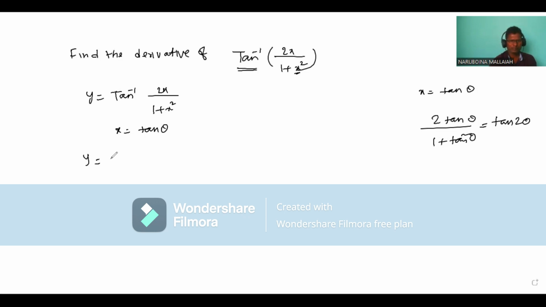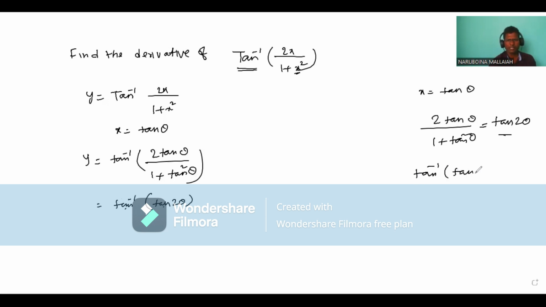So this y becomes tan inverse of 2 tan theta by 1 plus tan square theta. This is the formula for tan 2 theta, so I am writing tan 2 theta. Here tan inverse of tan theta is theta. You know this formula? Tan inverse of tan theta is equal to theta.